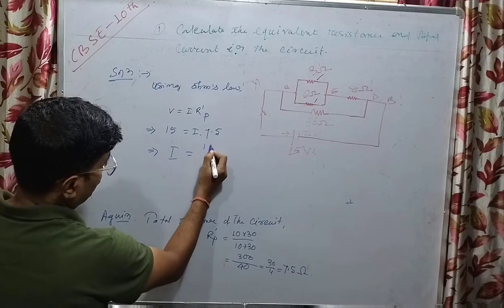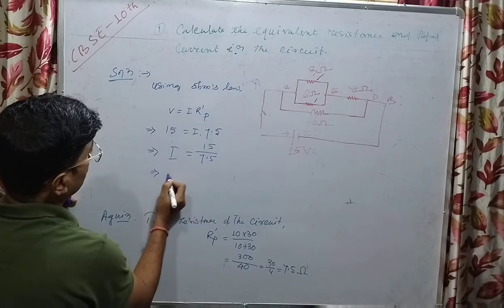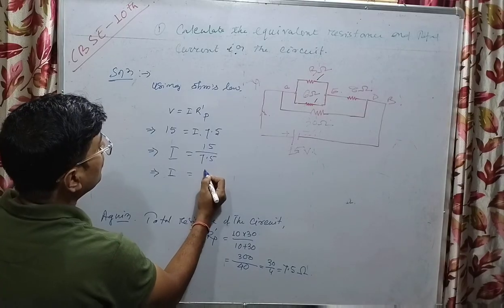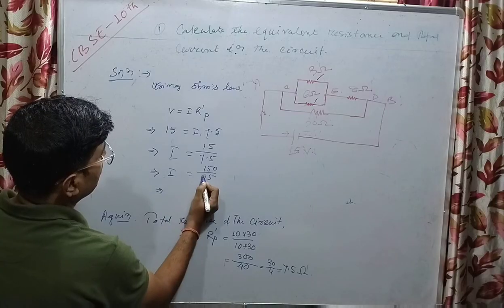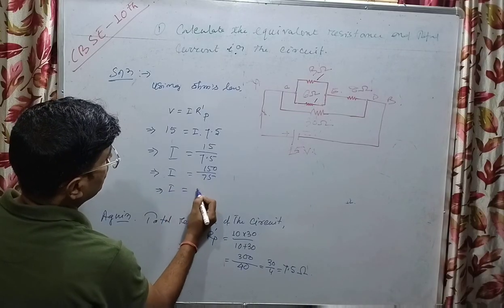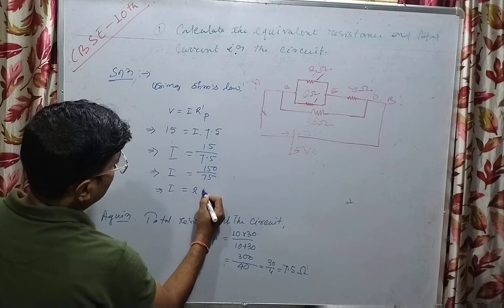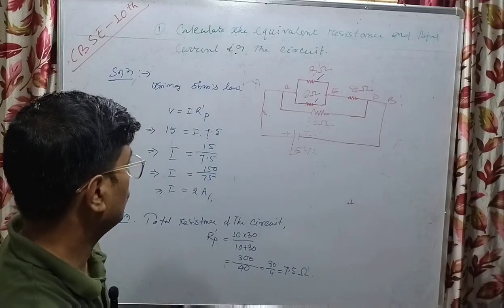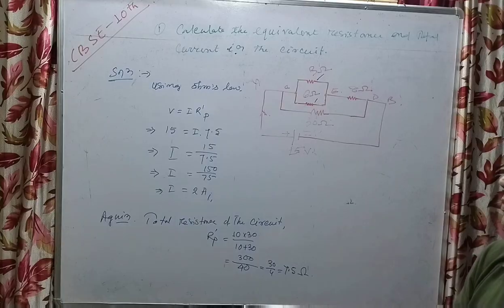Then I is equal to 15 by 7.5, implies I is equal to 150 by 75, which is 2 ampere. That is the amount of current passed throughout the circuit is 2 ampere.